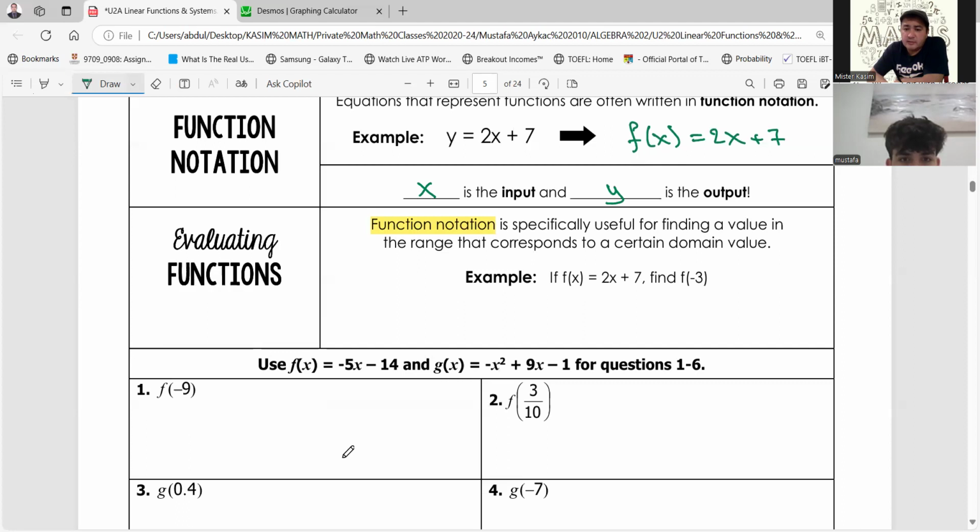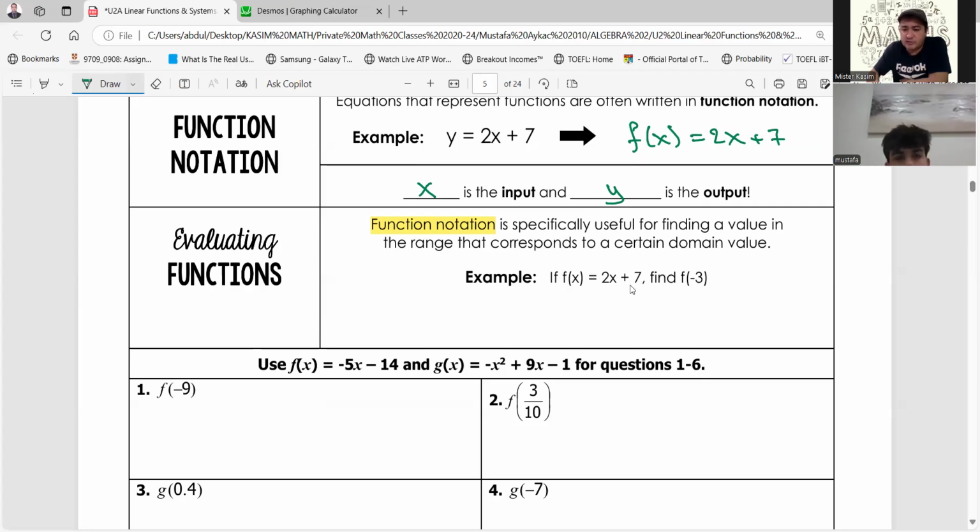Example: if f of x equals 2x plus 7, find f of negative 3. When we are calculating this, I am evaluating the function at negative 3. Our function is 2 times x plus 7. What is our function doing here? Whatever you input, it multiplies by 2 and adds 7.